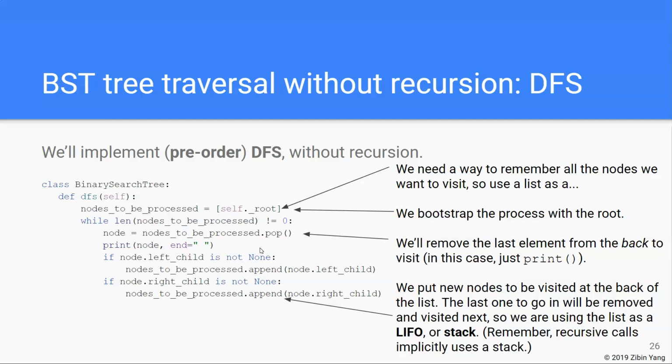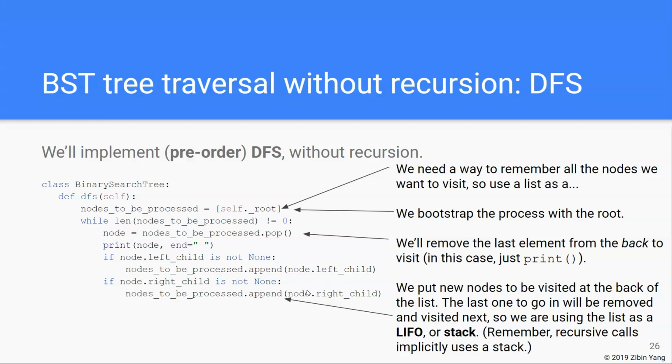And then we look at, okay, do we have a left child? And if there is one, we will put it at the end of the list. And then if there's a right child, we will also put it at the end of the list. Now, when you really think about this, we are putting the nodes that we want to visit at the end of the list, and we are removing the nodes that we visit next from the end of the list.